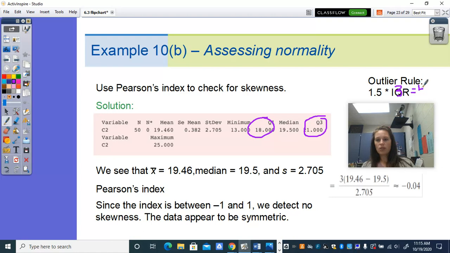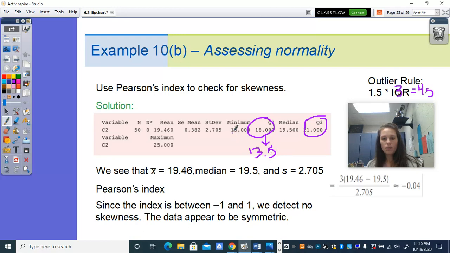So here's how we're going to determine if we have an outlier or not. Okay, we're going to look at that 4.5 and we're going to go to Q1 and we're going to subtract 4.5. So 18 minus 4.5 is 13.5.